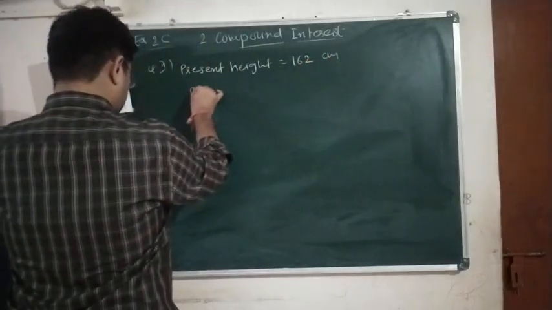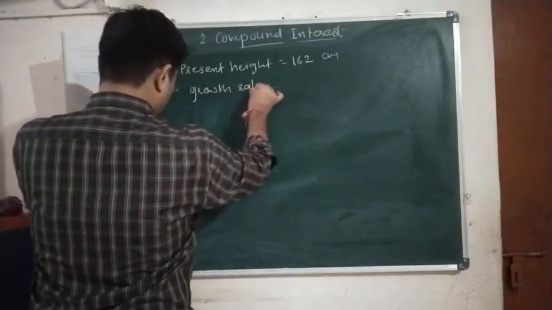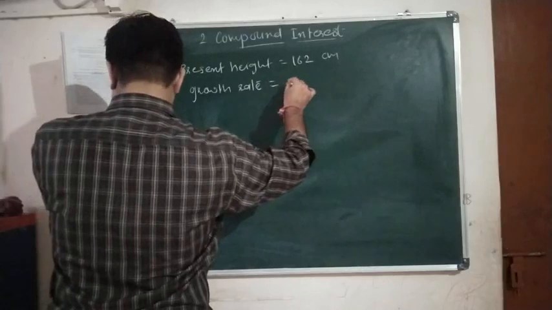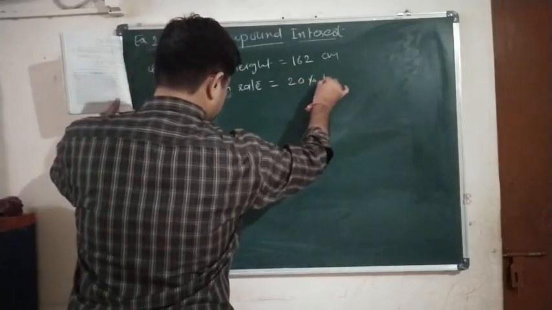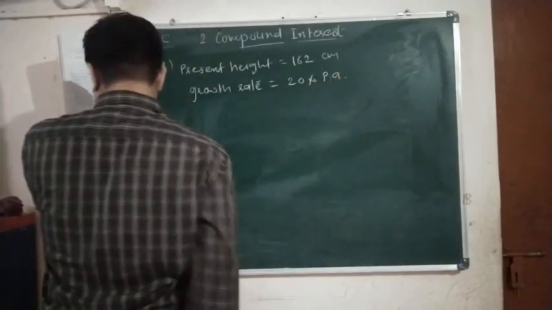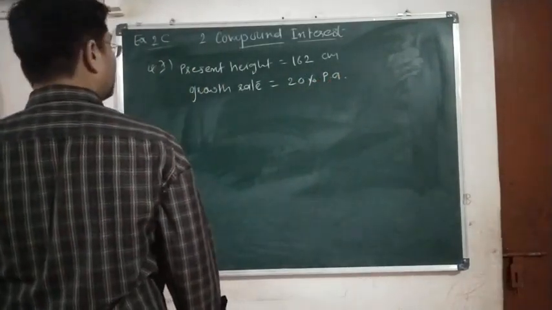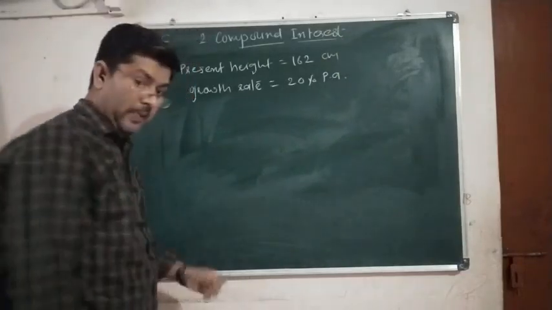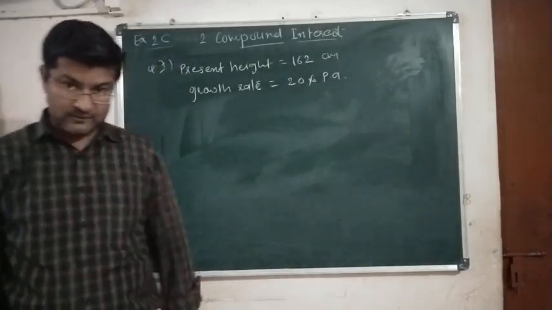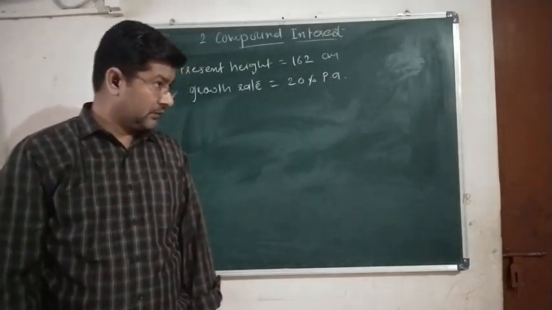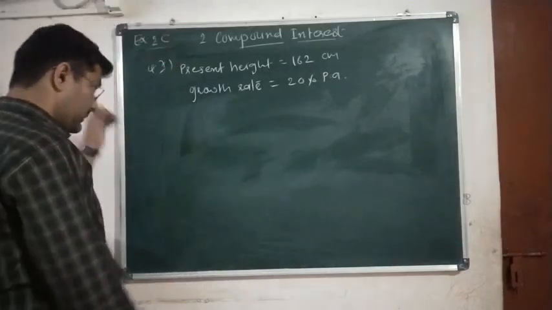Okay, growth rate is given to be 20% per annum. Okay, we have to find the height of tree 2 years ago. Yes or no? So let us put the formula. We have a formula to calculate the height n years ago. Yes or no? N years ago's formula will come.